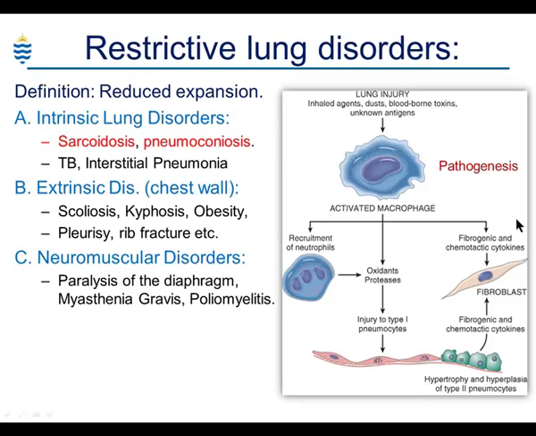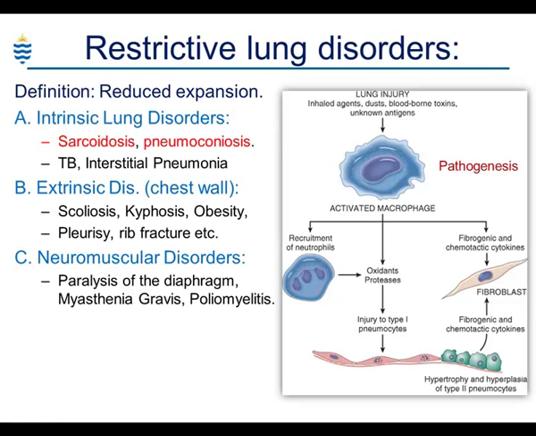Restrictive lung disorders are where the lungs become stiff or the thoracic cage becomes stiff. If the lung becomes stiff, it is intrinsic: sarcoidosis, pneumoconiosis, anthracosis, silicosis, asbestosis, all those, tuberculosis and interstitial pneumonias. Extrinsic disorders are scoliosis, kyphosis, severe obesity, Pickwickian syndrome.